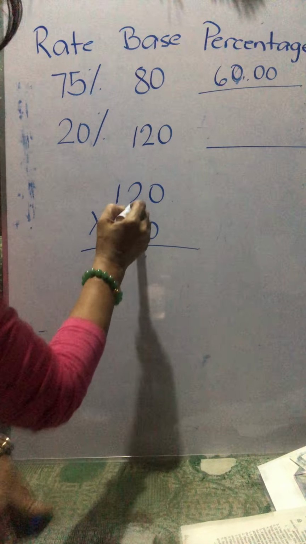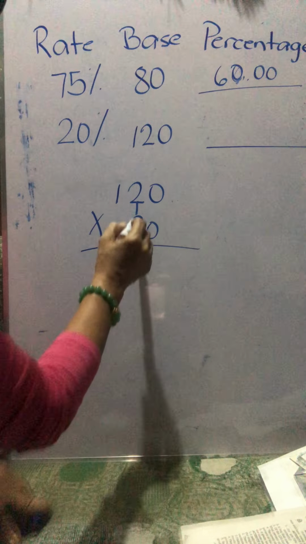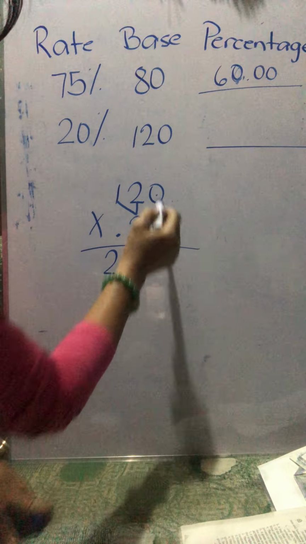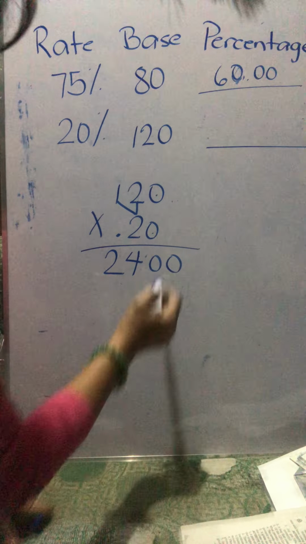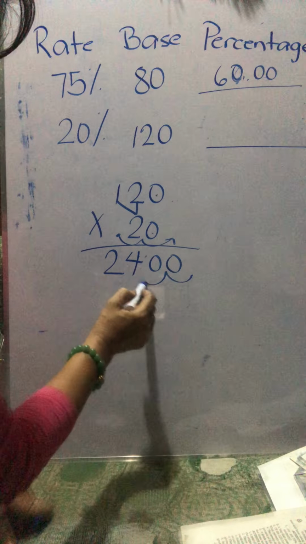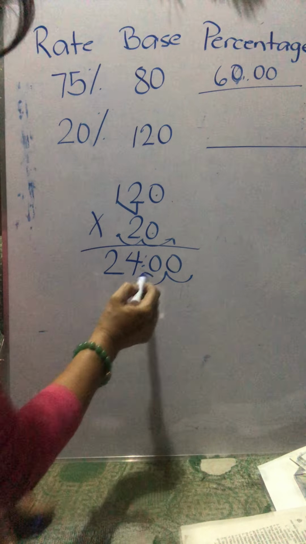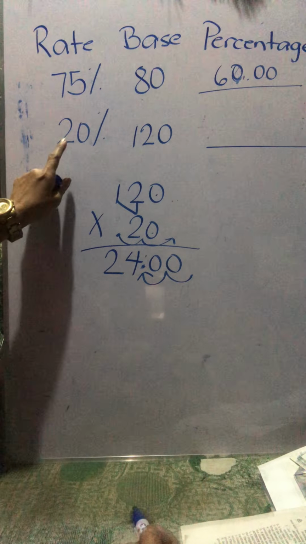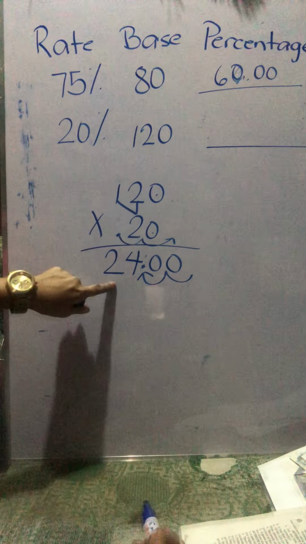So this is now 2 times 2, that is 4. 2 times 1 is 2. Okay, this is now 1, 2. Ayun. So, ang 20% na 120 is 24.